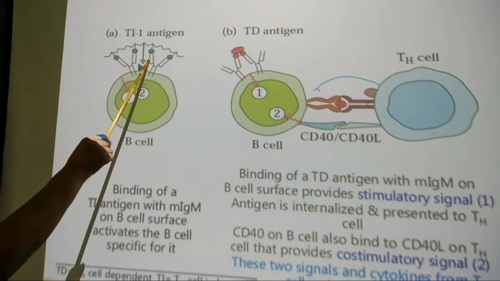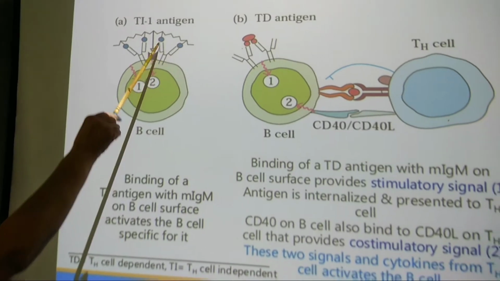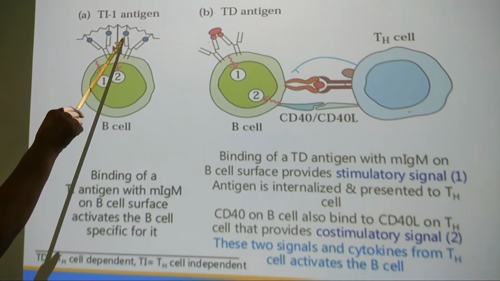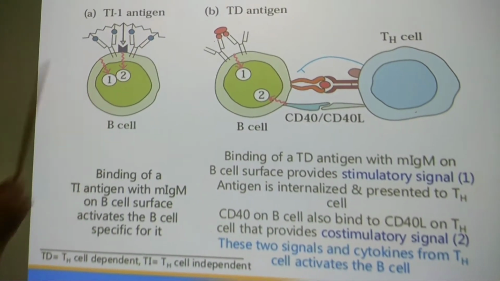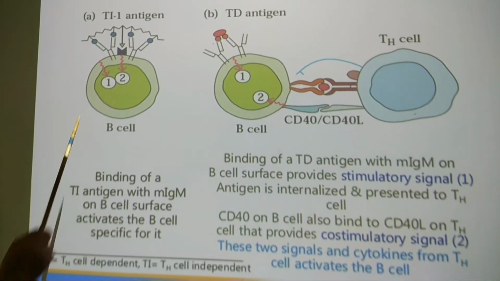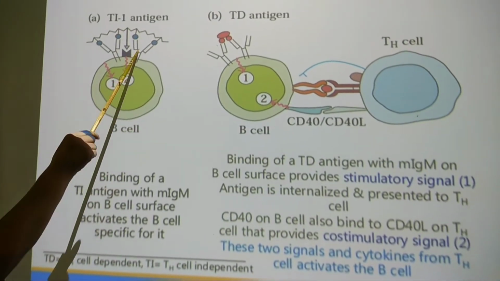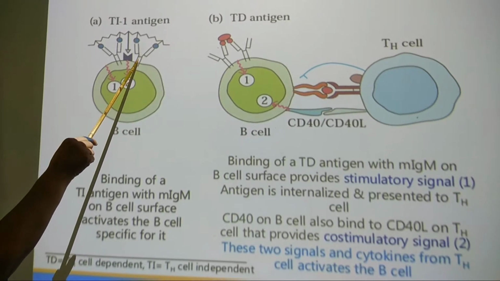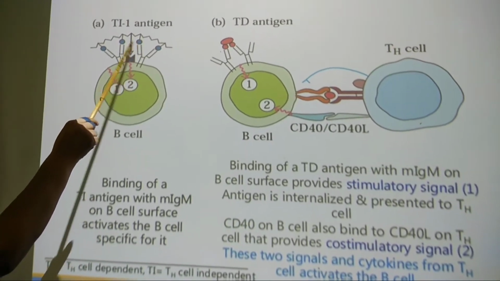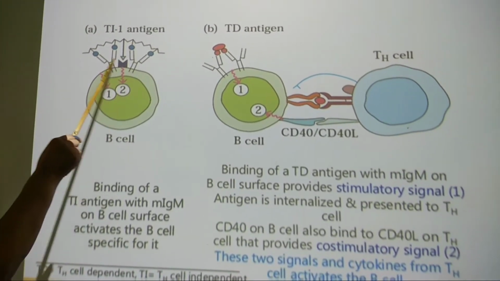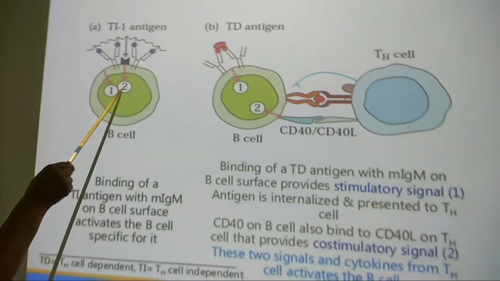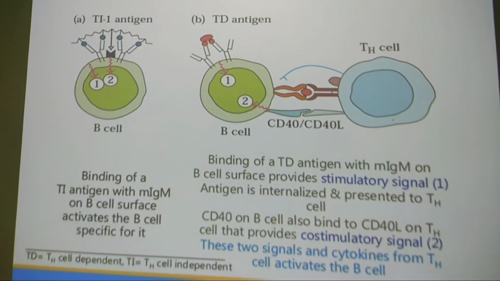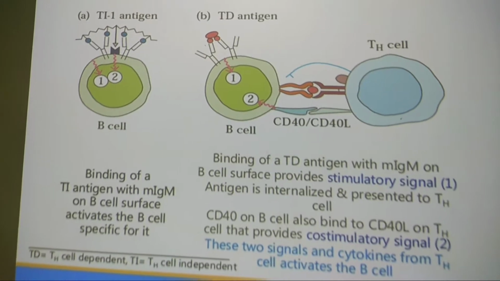That is here the antigen binding to the receptors. You can see here the membrane bound antibodies present on the B cell that act as antigen binding receptor. Once the antigen binds to this receptor, that itself will initiate the first and the second signal required for the B cell for activation.